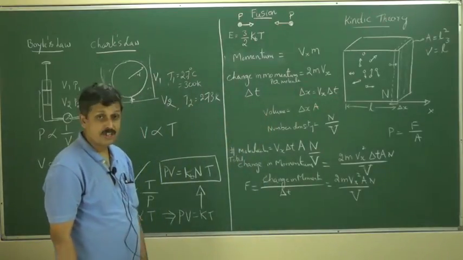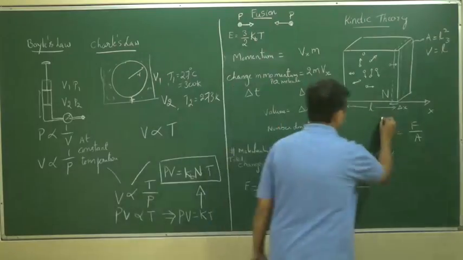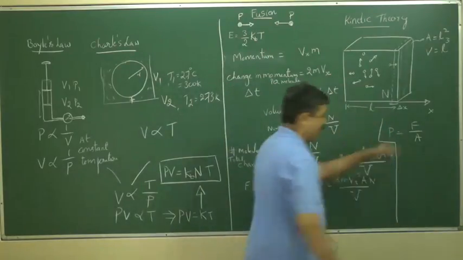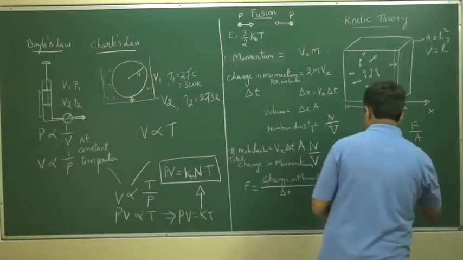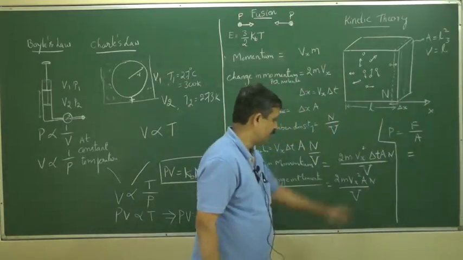So now if I want pressure, which is nothing but F by A, how do I get that? I will just remove the F from here, A from here.